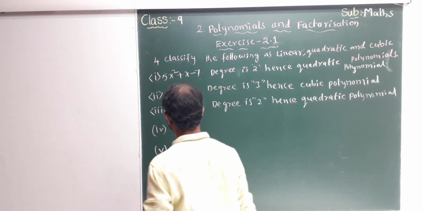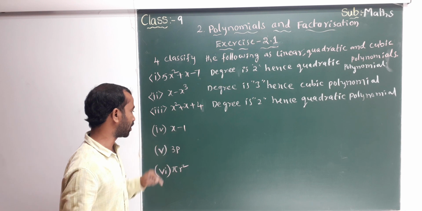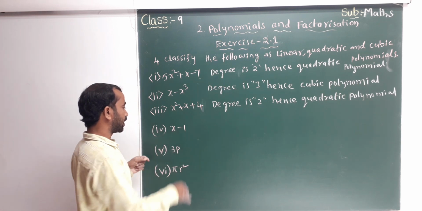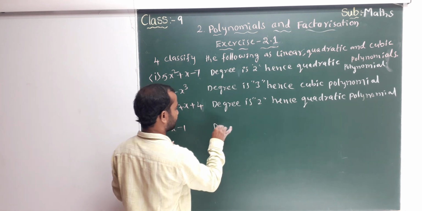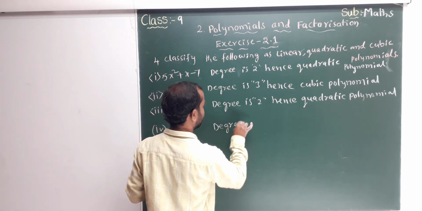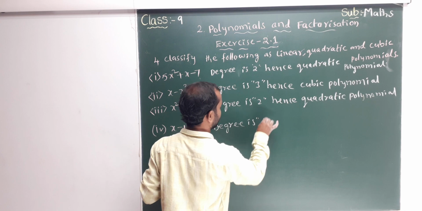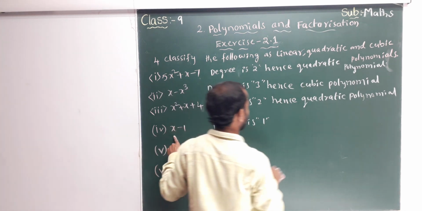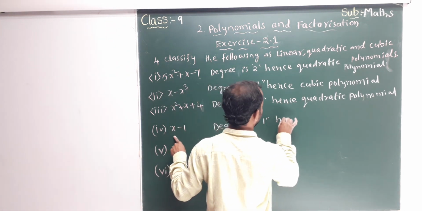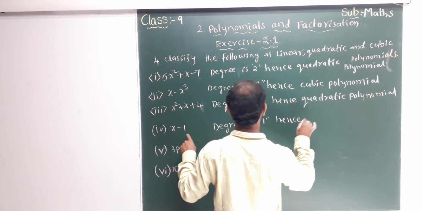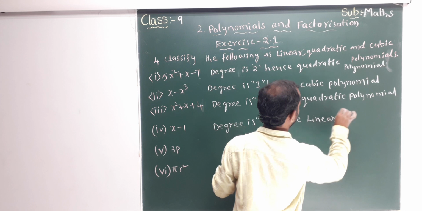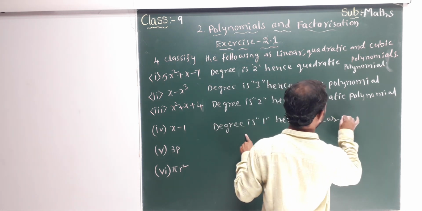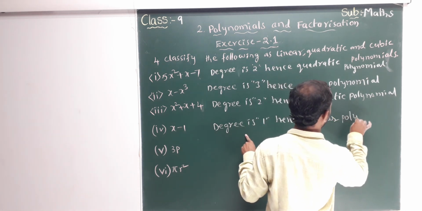Next, fourth one: x minus 1. Here the degree of the polynomial is 1. Degree is 1, so the given polynomial is a linear polynomial.